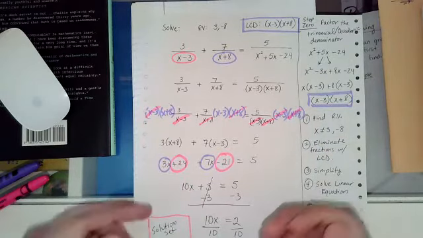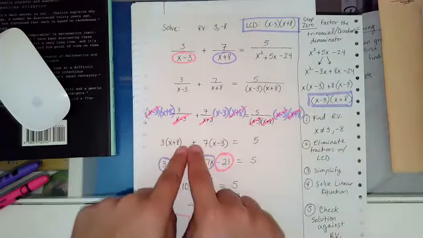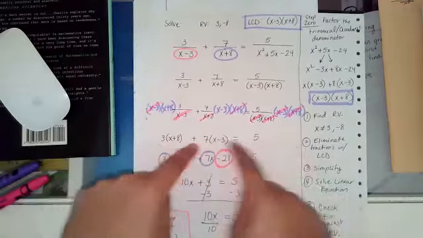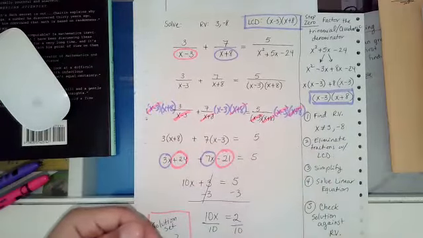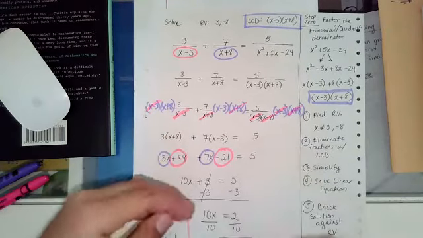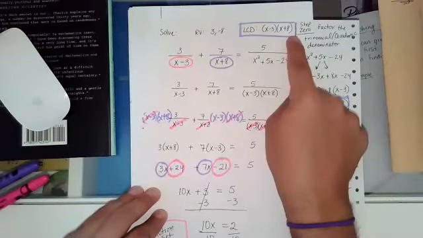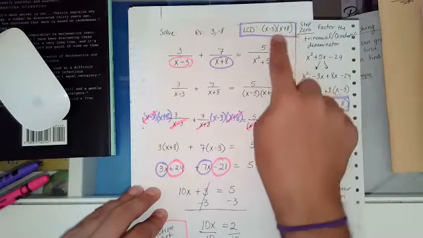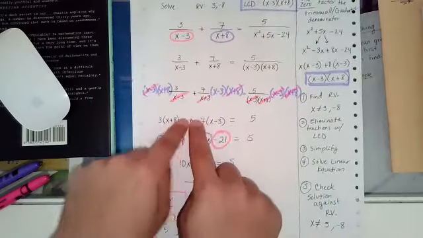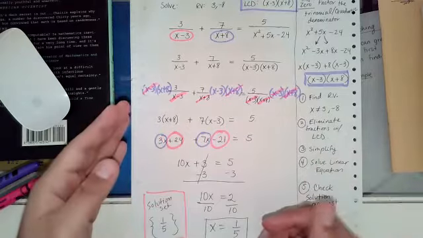If line 4 is more complicated than you originally intended, or if you still have denominators, then you've probably made a mistake in selecting your least common denominator. Once you multiply that in and things cancel out, you should have a single line with no fractions, and it's either going to be a linear or a quadratic equation.